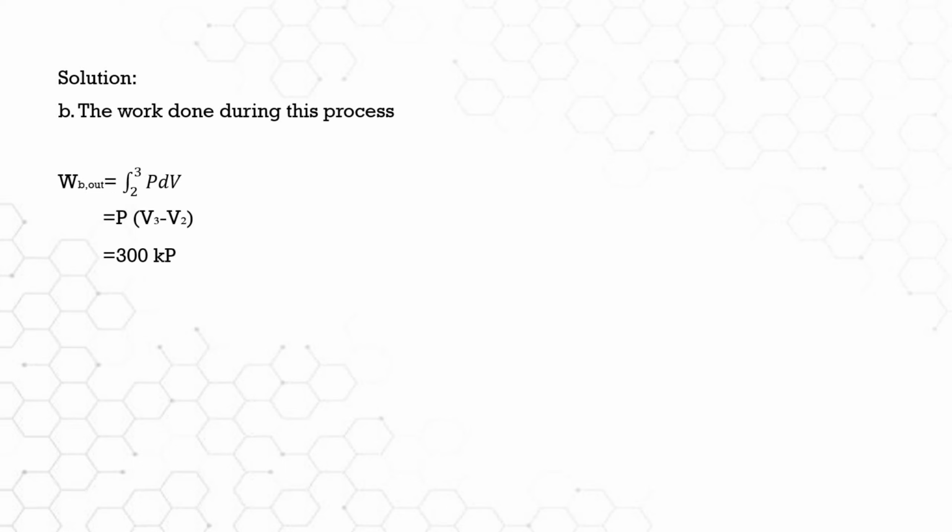Plug in the values: 300 kilopascals multiplied by 1.6 cubic meter minus 0.8 cubic meter, multiplied by 1 kilojoule over 1 kilopascal cubic meter to convert the units. Cross out the same units, so we have 240 kilojoules as our work output.